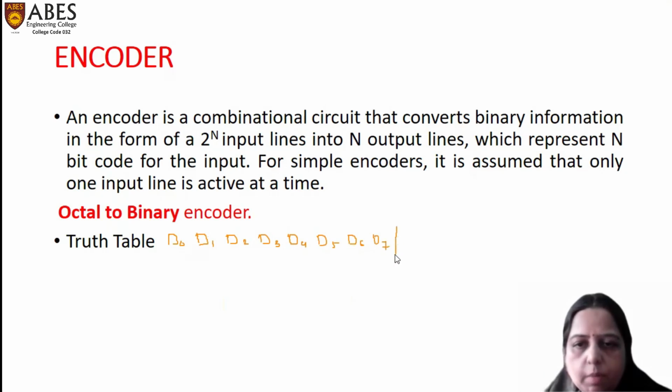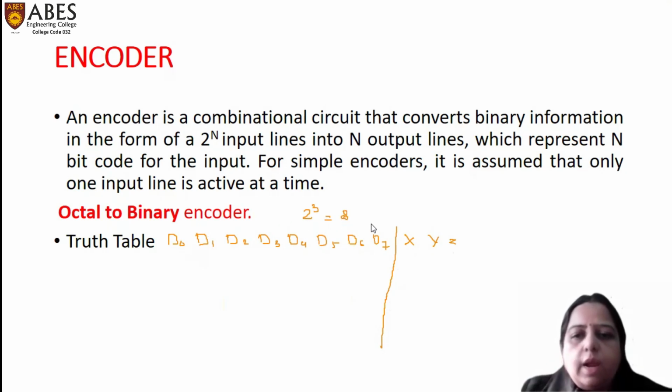And the outputs will be X, Y, and Z. Since we have 2 to the power 3 inputs, that is equal to 8, we have 8 inputs and 3 outputs. So D0 to D7 are the inputs, while X, Y, Z are the outputs.